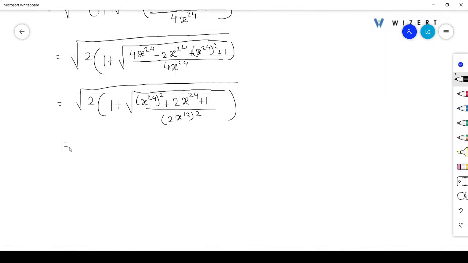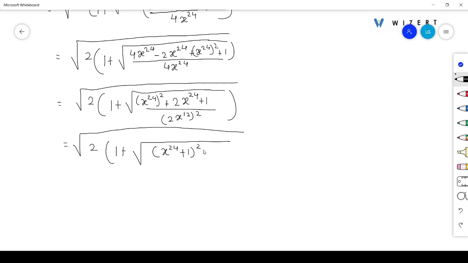Next step will be square root of 2 into 1 plus, as here we can observe that a square plus 2ab plus b square is there, so it is a plus b bracket square, that is x to the power 24 plus 1, its square, divided by 2x to the power 12, its square.